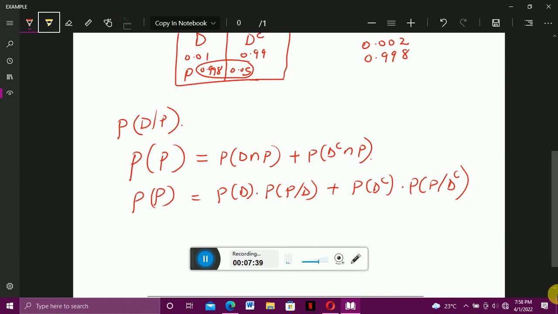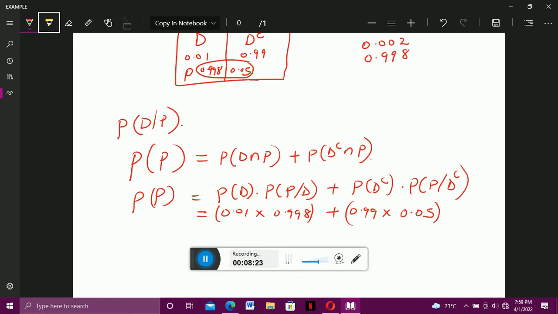So we come to our diagram and replace those probabilities. The probability of getting a person with the disease is 0.01. The probability of a positive result when you have the disease is 0.998, plus the probability of not having the disease, which is 0.99, which we now multiply by the probability of getting a positive result when you don't have the disease, which is 0.05.